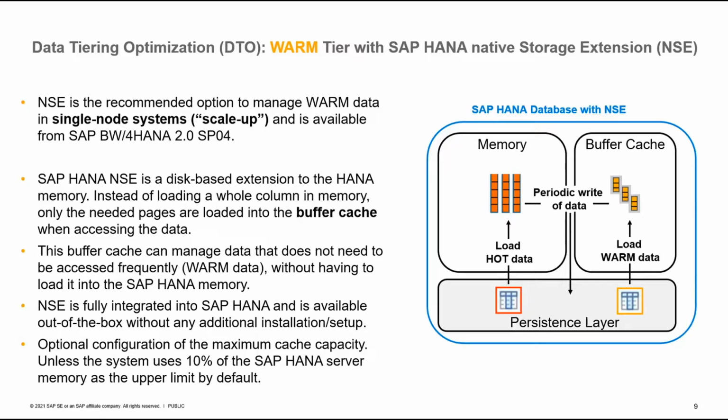In the past, HANA appliances had an upper limit of maybe 4 terabyte or 6 or 8 terabyte. Nowadays, a single node system can manage up to 24 terabyte of data, so the hardware limitations disappear. And so most of the systems actually are single node systems.